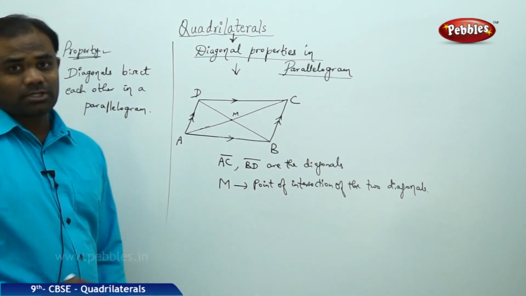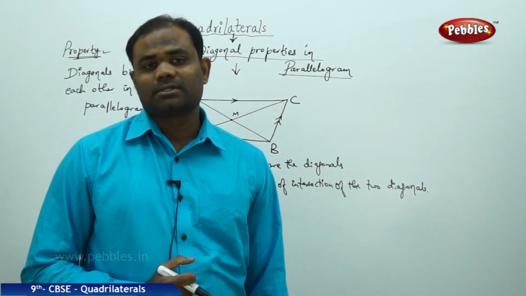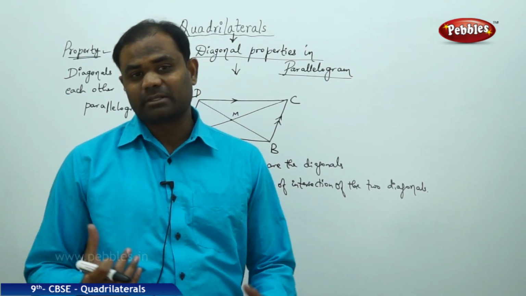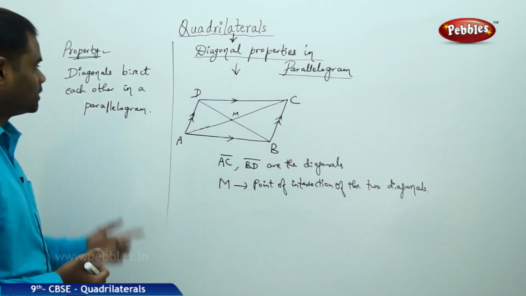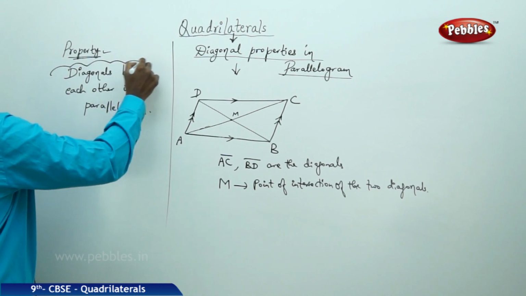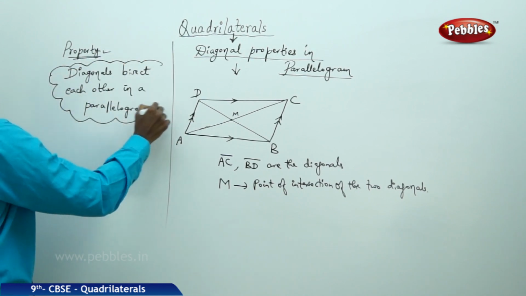This is one of the most important properties in parallelograms because the bisecting concept helps us in solving many mathematical problems. The property: diagonals bisect each other in a parallelogram.